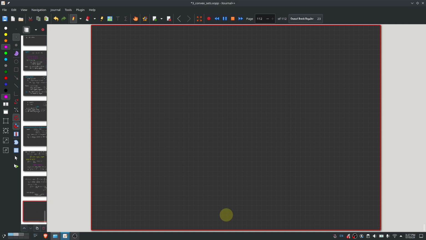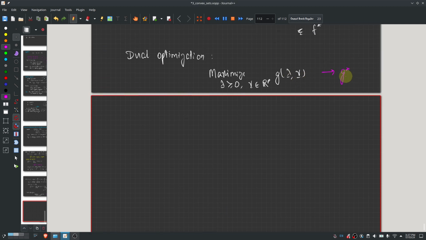So this gives me some value g star, and I know for sure that g star is less than or equal to f star. So this gives me a lower bound on the actual constrained minimum. Now this property is called weak duality.